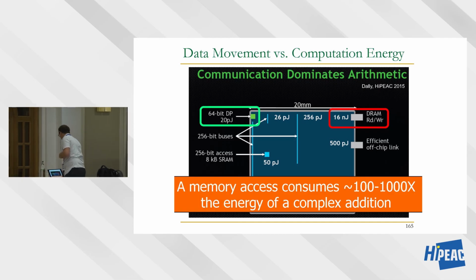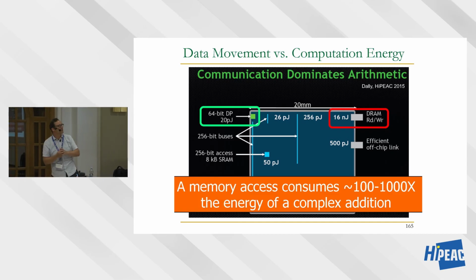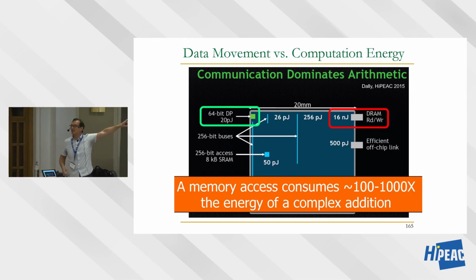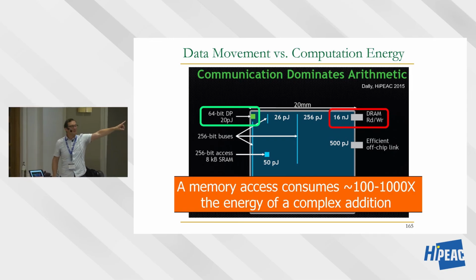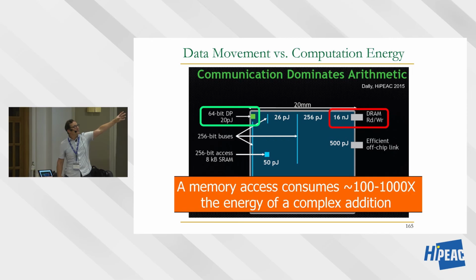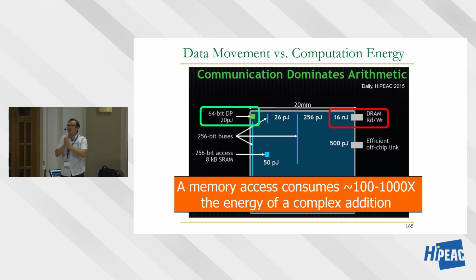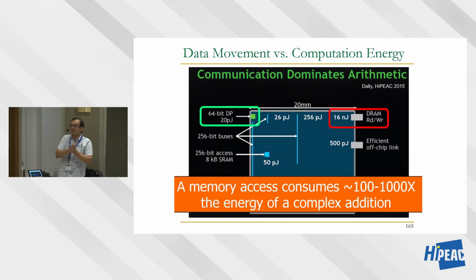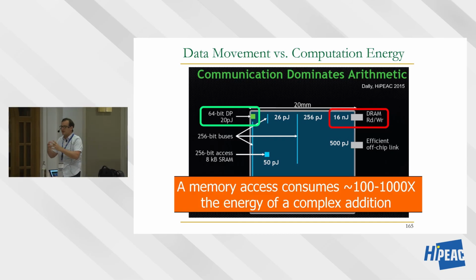Okay. I should also say that this picture, I'm going to take a little bit more time because that's the beauty of this course. I got to tell you some stories. This also indicates the success of technology scaling. If you go back 80 years or so, or 60 years or so, this energy differential was reversed. Memory was actually cheaper than computation. But over 6 decades of technology scaling, we've made computation much better. We were able to do Dennard scaling as well as reducing the size of things.